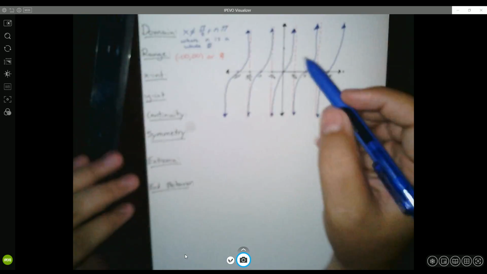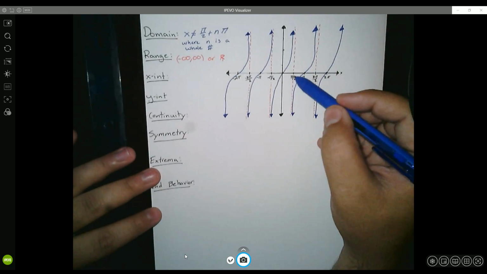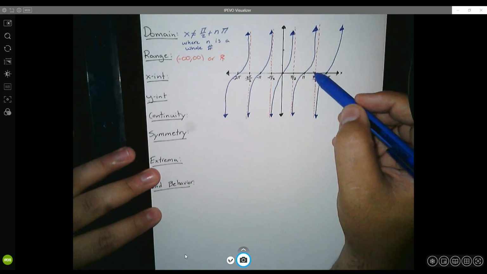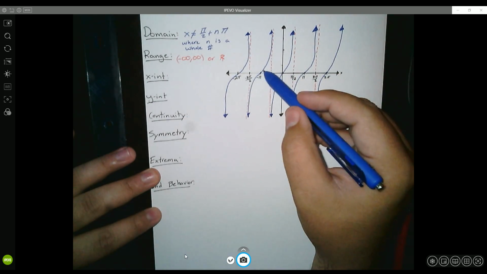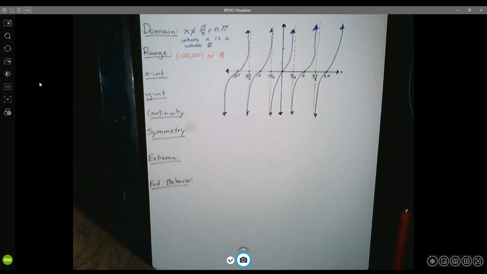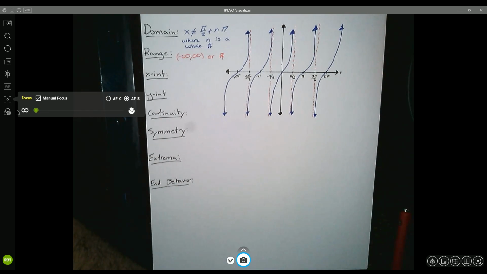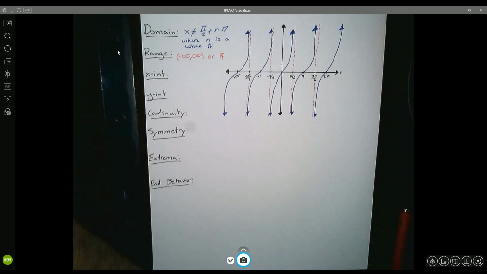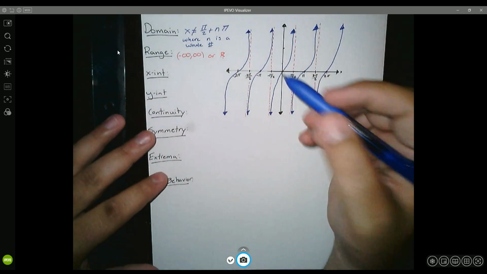X-intercepts. Every time we have an x-intercept is when it crosses the x-axis, which is here, here, here, here. So every time it's some form of pi or something along those lines, we know we have an x-intercept.